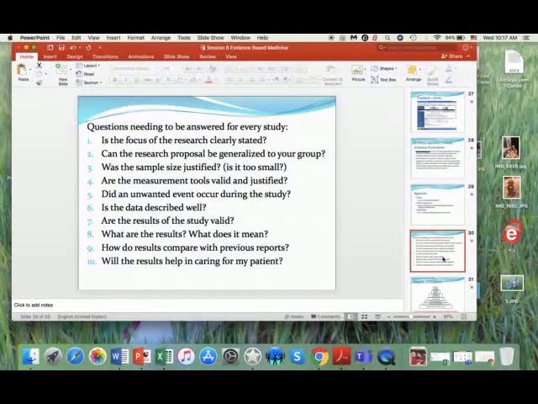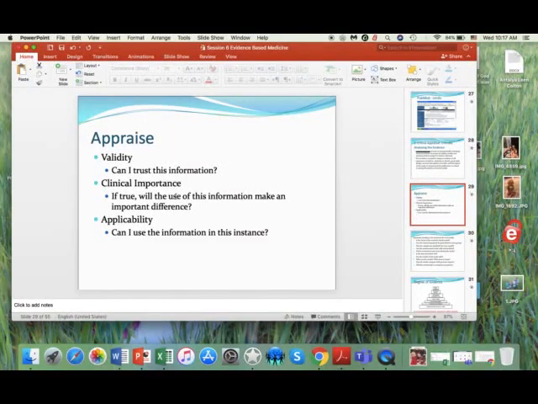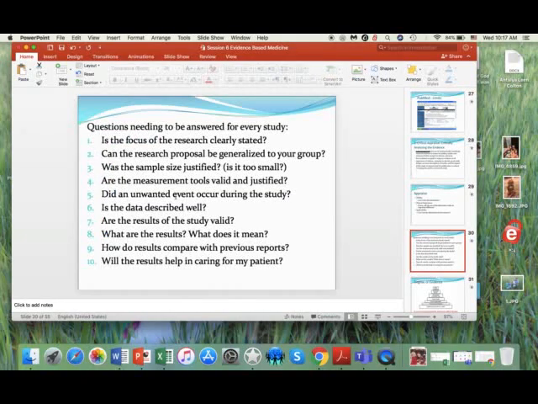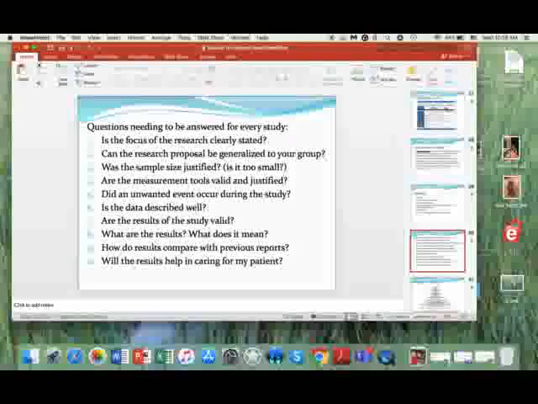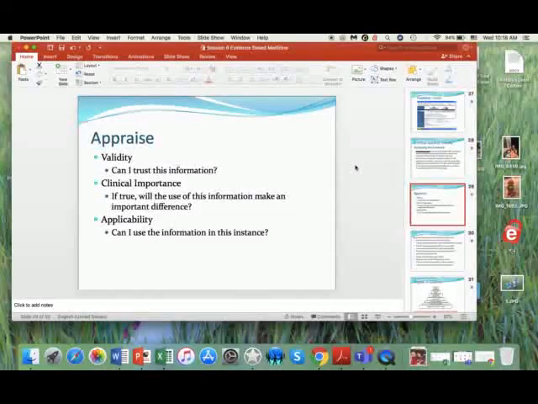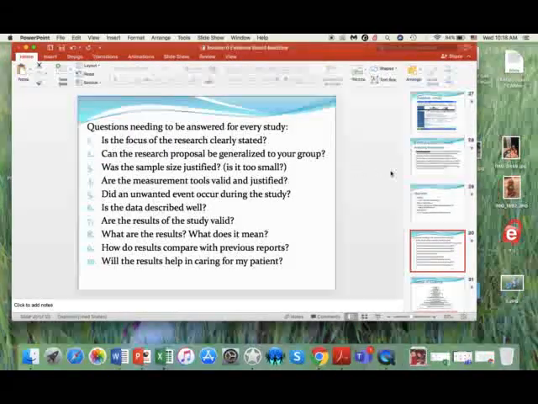Those are the overarching things. Here are some different questions. In general, you need to know these main ideas, which lead to a lot of these questions here. Is the focus of the research clearly stated? Did they say what they were going to do from the beginning? Can the research be generalized to our group? Meaning, we're talking about applicability. Is it applicable to our patient?